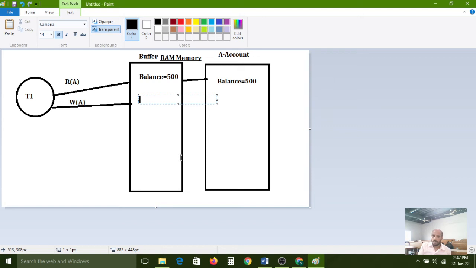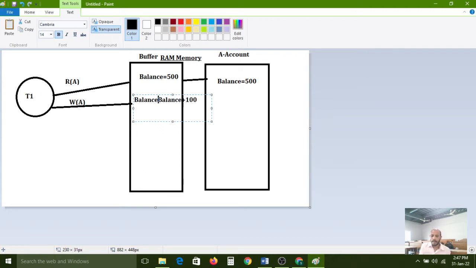Here 500 plus 100 rupees credited. Balance plus 100. Already we have a 500 balance. Balance 500 plus 100, how much? 600.